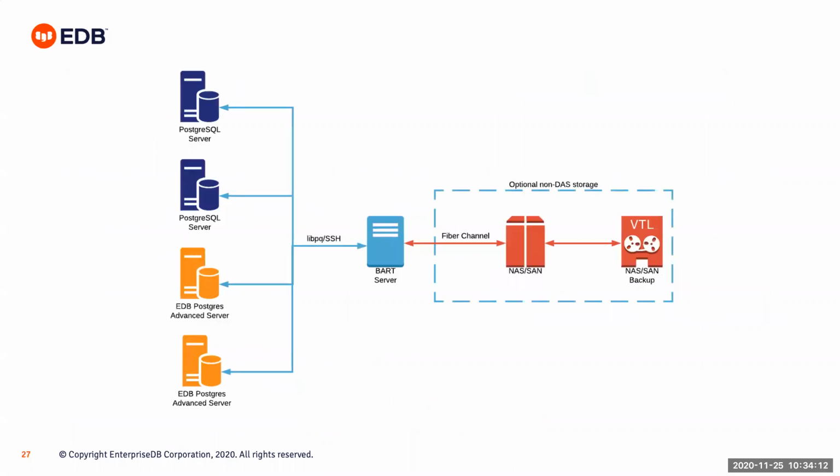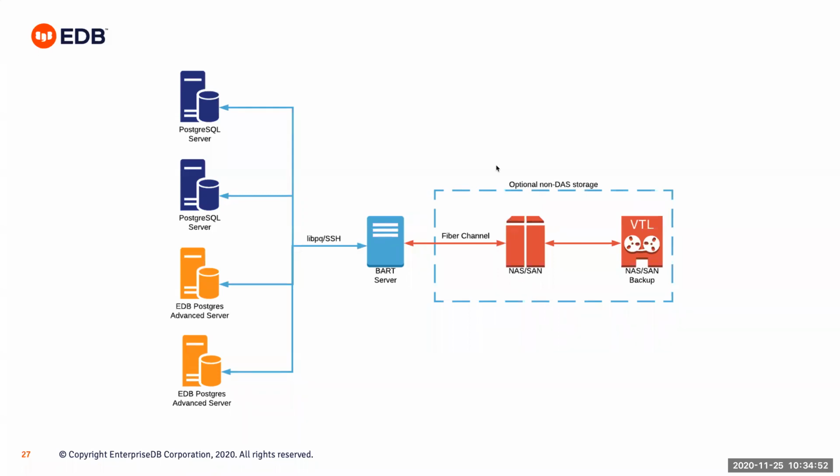It looks like this. Usually you set up BART as a dedicated server, and then you have BART connect to the databases with libpq, the Postgres protocol, and with a secure shell. Also, the database servers themselves are copying the WAL files to the storage that BART has set up.